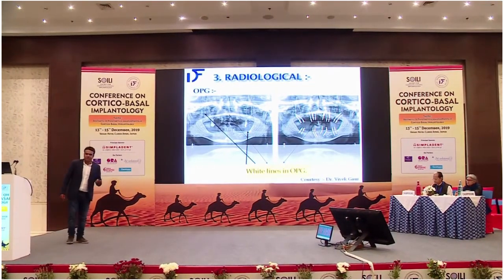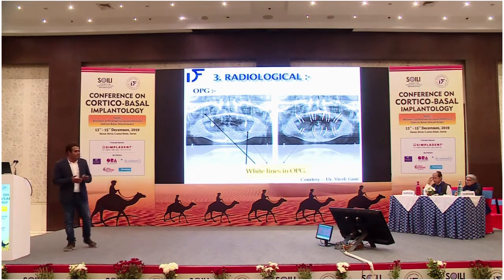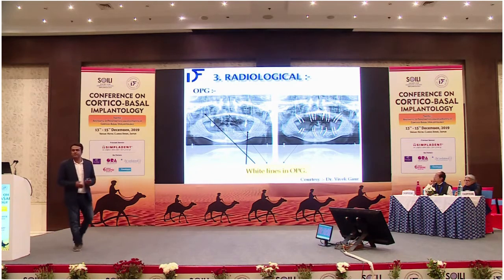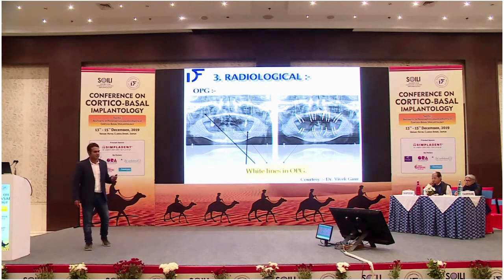Radiologically, CBCT is most important to identify the vital structures, but OPG is good for us. What should we look for in the OPG? We should look at all the white lines. These are the strategic positions, or what we call the second and bicortical or third cortical bone, the target area where we have to insert our bicortical screw.